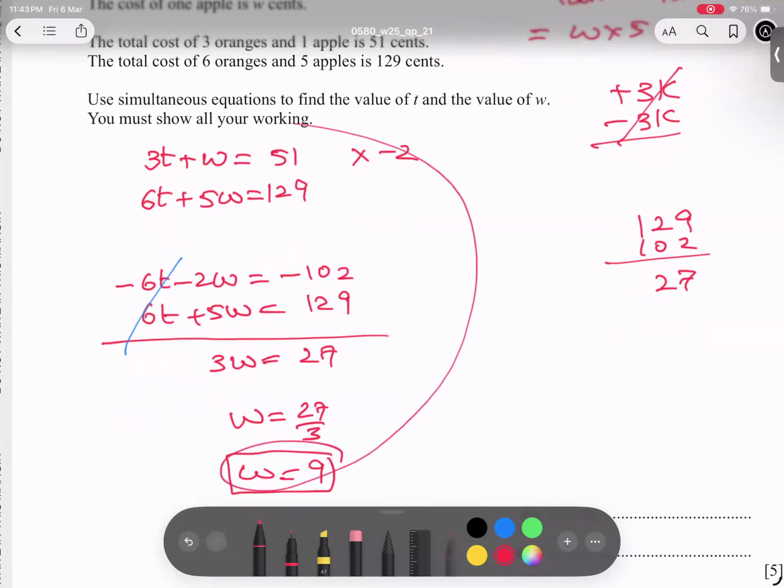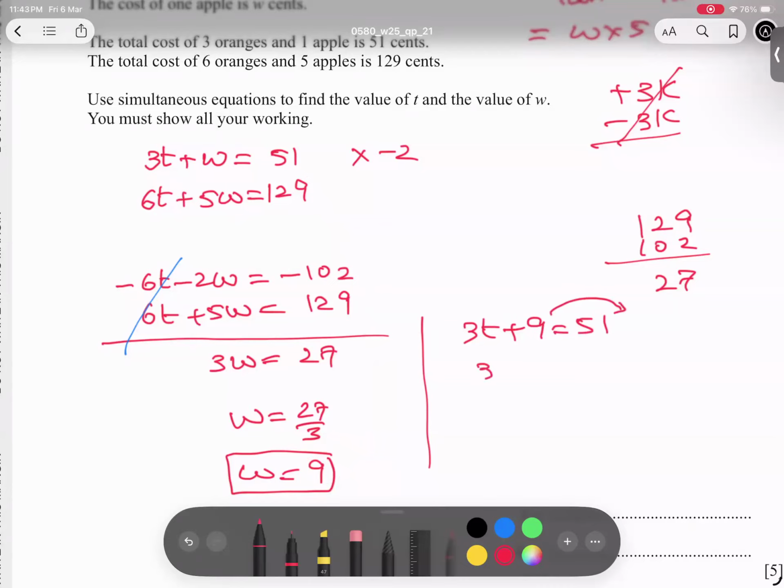So plug this value into any one equation. I'm going to plug it in here because it has the smaller variable. So 3T plus this 9 will go here and equals 51. 9 will go and subtract from there. So for 51, subtract 9. When I subtract, I got 42.